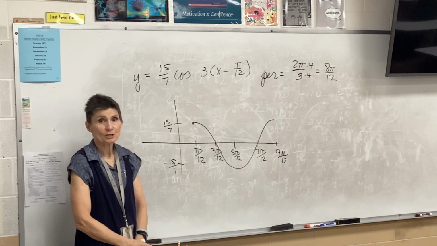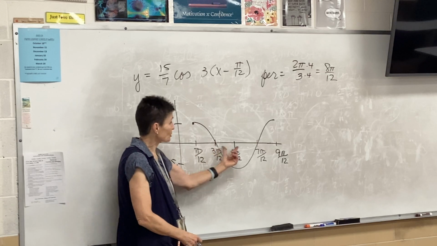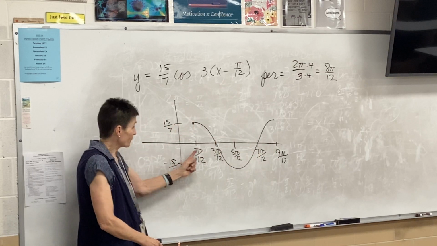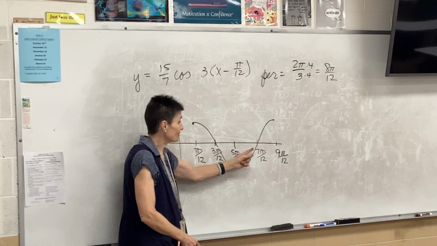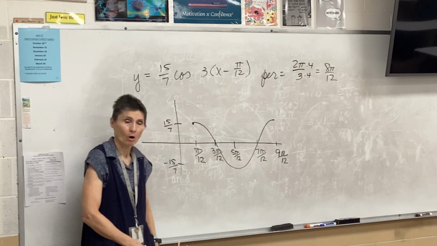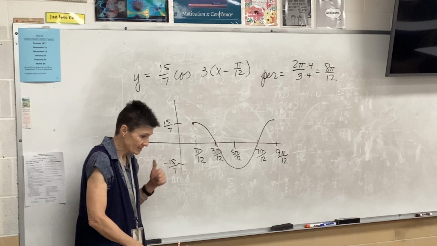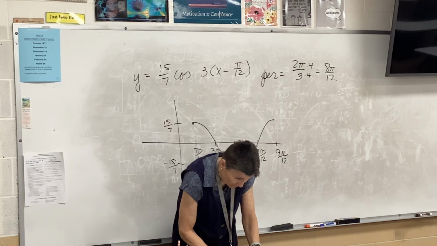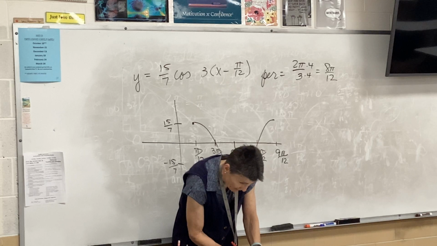When you do these sketches, remember, these 4 sections represent the quadrants, so they have to be equal. So we went from 1 to 3 to 5 to 7 to 9. All is well. That's the picture. So that is number 8.